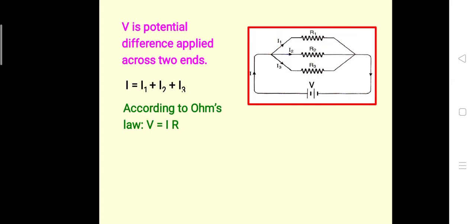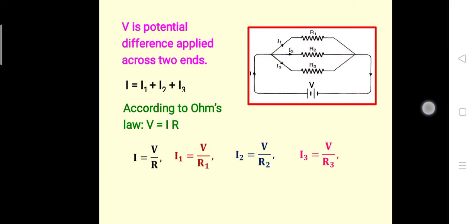According to Ohm's law, V is equal to IR, so I is equal to V upon R, and V is the same for all three resistances. So I1 is equal to V upon R1, I2 is equal to V upon R2 and I3 is equal to V upon R3. Put all these four values in the above equation.